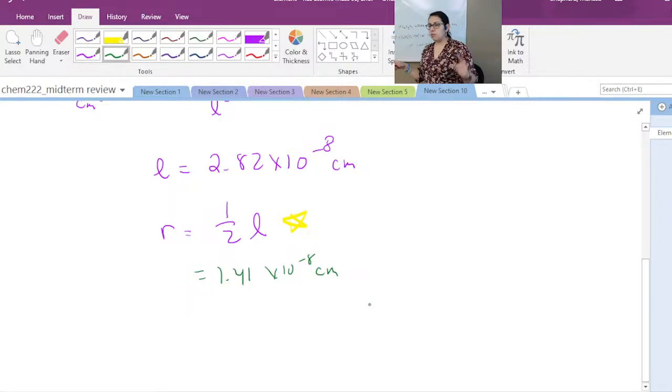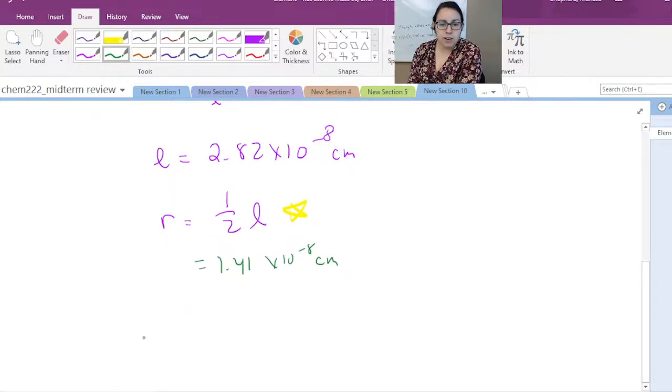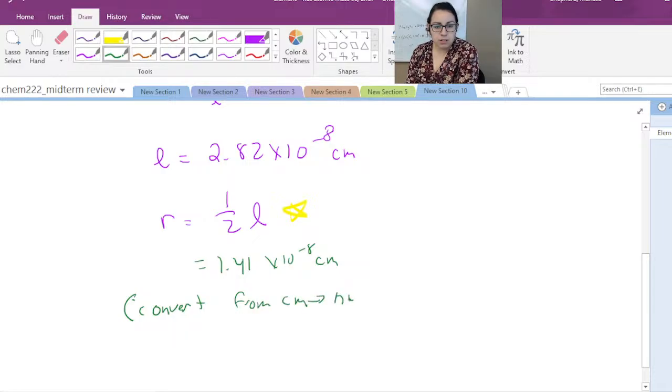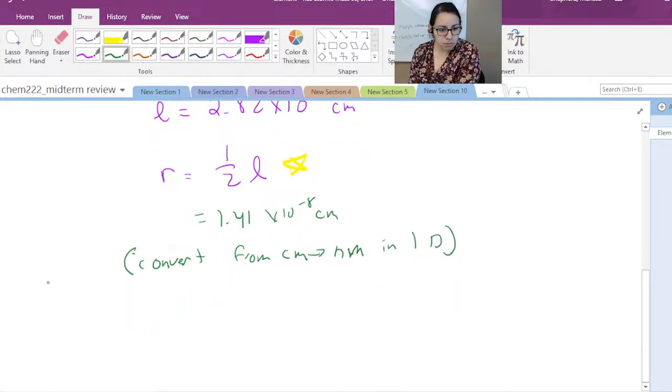If you go to 2 dimensions you have to square the conversion, and for cubic you cube it, and honestly I get that mixed up as well. So I'm just going to convert it in 1D, from centimeters to nanometers. I'll put that note: convert in 1D, it's easier.